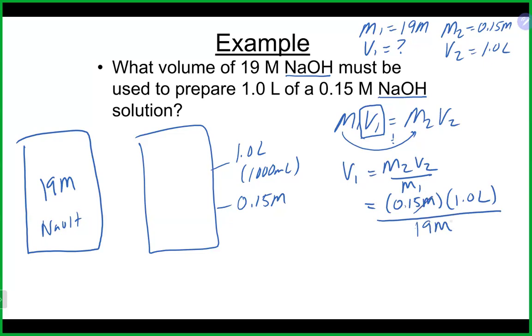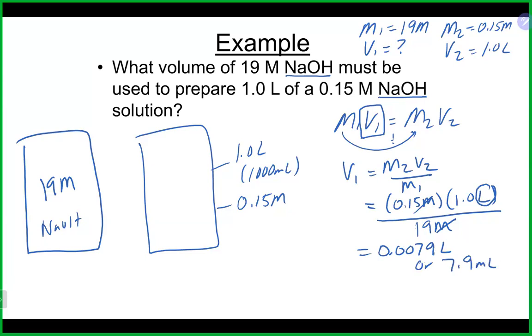Here, the molarities are going to cancel, and the unit in this case is going to be liters. That will get me 0.15 times 1 divided by 19, which is going to get me 0.0079 liters. Or that is roughly 7.9 milliliters.